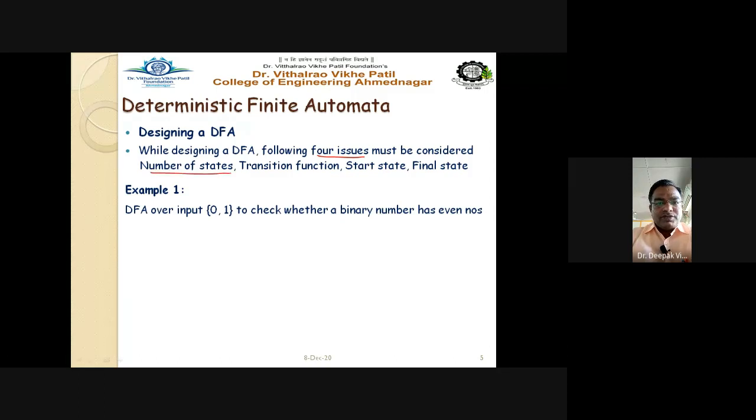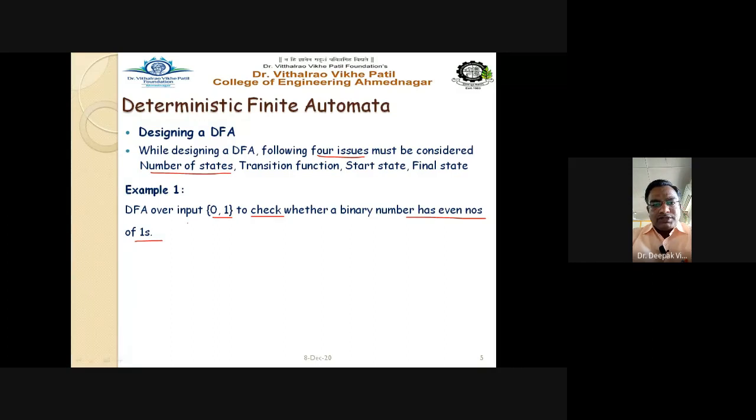Suppose a problem is given: design a DFA over input 0, 1, that is, only two input symbols 0 and 1, to check whether a binary number has an even number of 1s. Suppose any binary number is given, say for example 111100 or 0101.